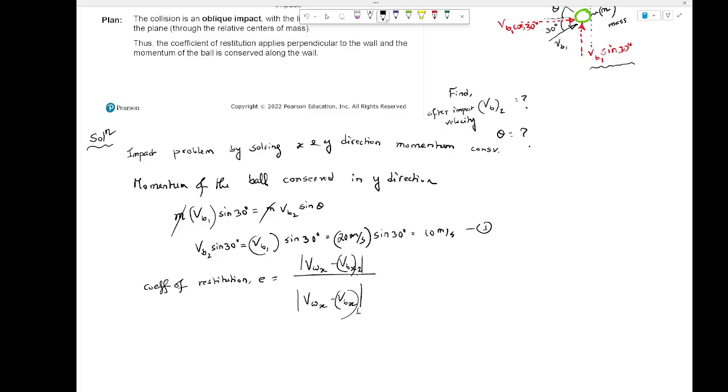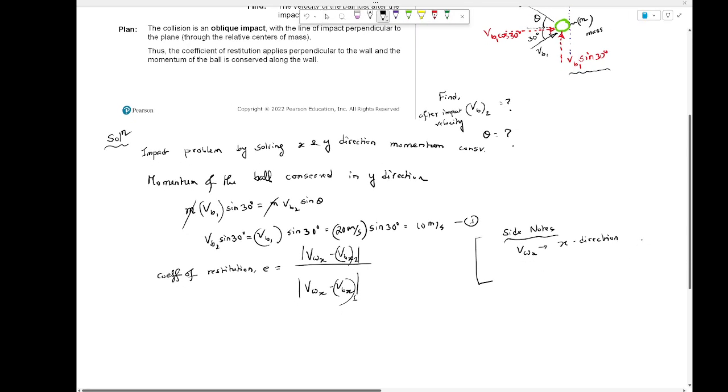Now here I can explain this as a side note. This VWx is the x direction. The wall is not moving in either x or y direction, but you can name it in a self-explanatory way. So x direction velocity, VW means velocity of wall. And then you have VBx1 and VBx2.